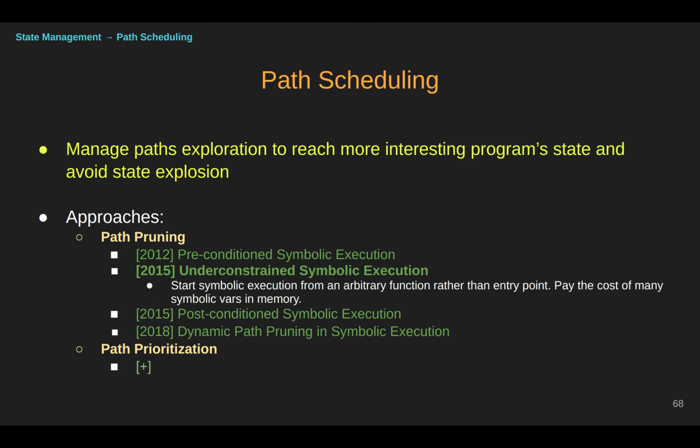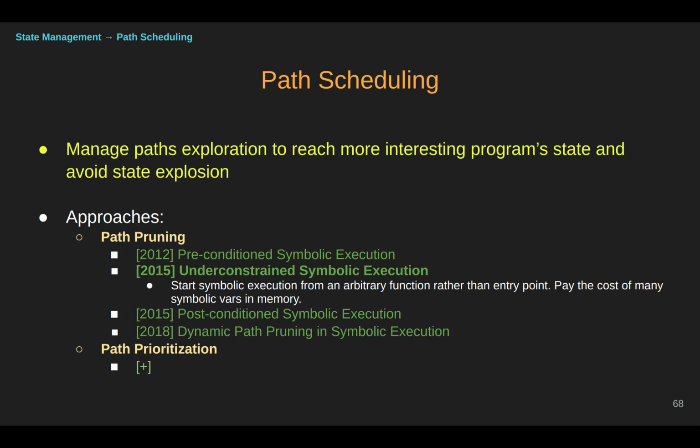Under-constrained symbolic execution is where you don't want to explore all the program. You're interested in exploring, let's say, some function in the program. So instead of exploring all the paths that lead to that function and all the different constraints along that path, you just give that function as an entry point, and then you leave all the unknowns as unconstrained or under-constrained.